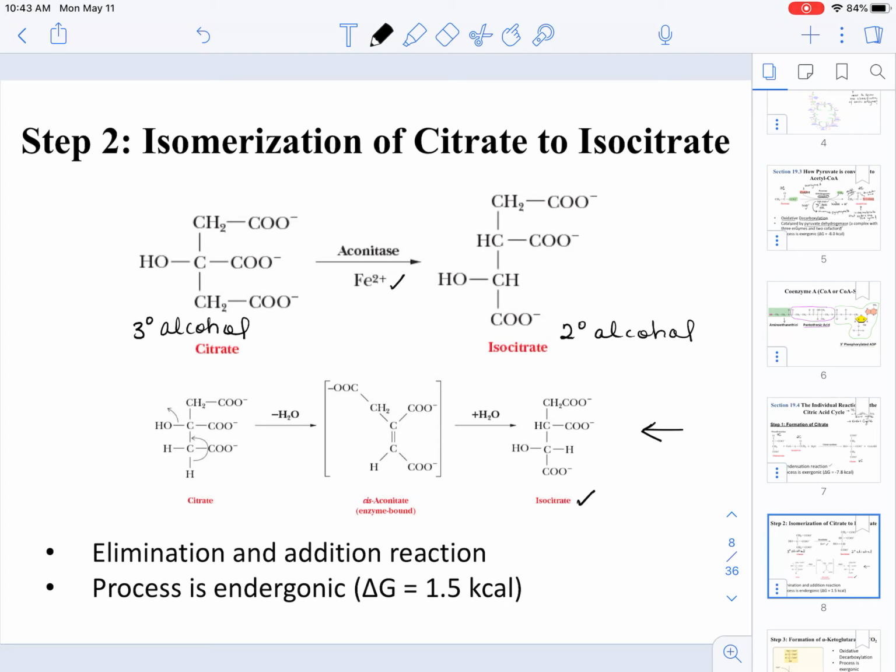Remember the first step that we just discussed, when acetyl-CoA reacts with oxaloacetate, is an exergonic process. So the energy in order for this reaction to occur actually comes from the energy that was released on reaction number 1.